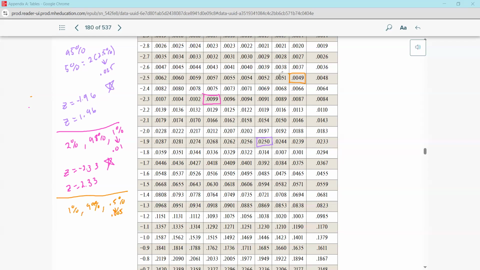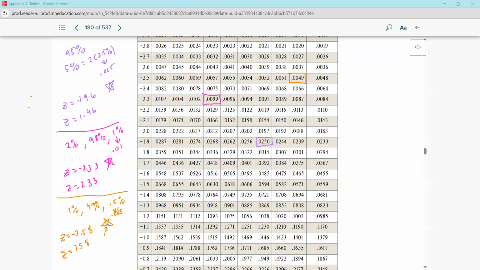The 9 will tell the 4 to be a 5. This is already too great. So this will then be a z-score of negative 2.5, and then 8. So negative 2.58. And therefore, the positive version would be positive 2.58.